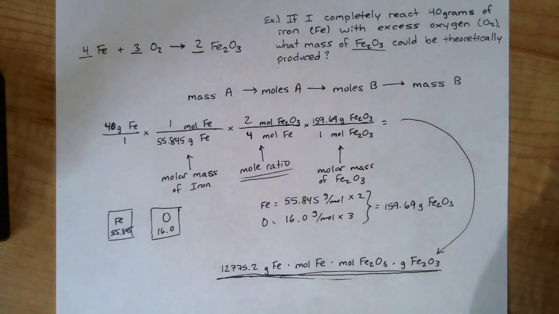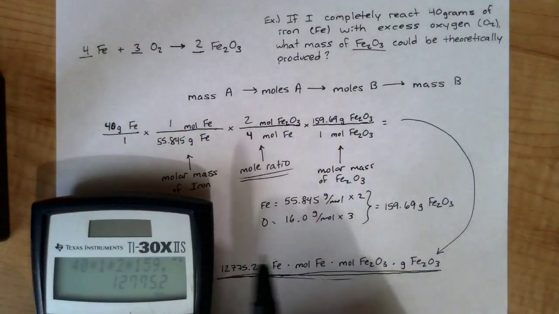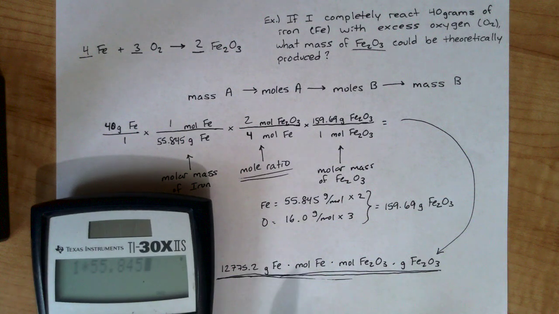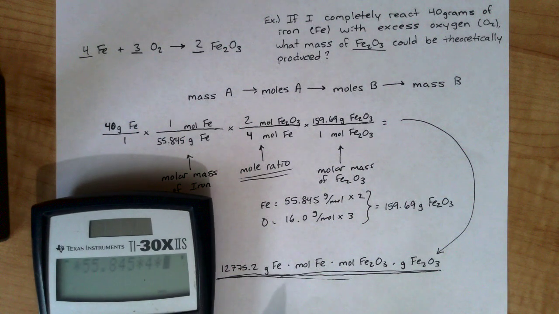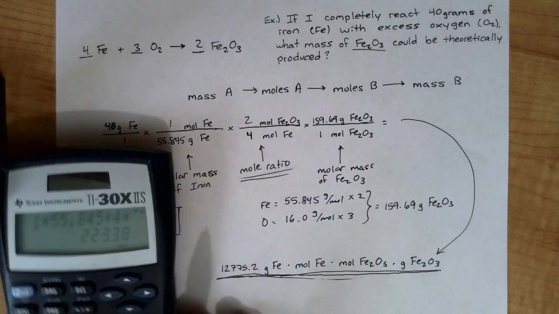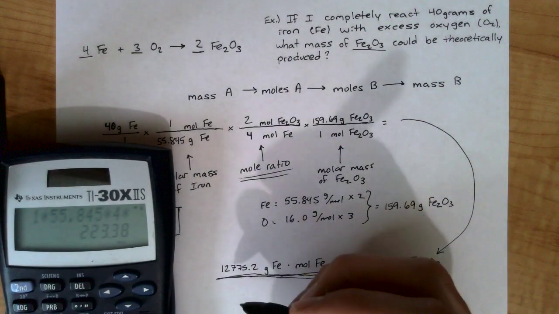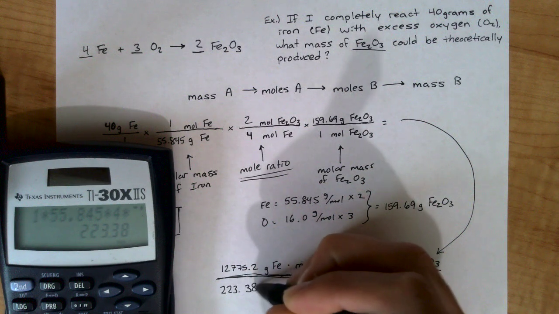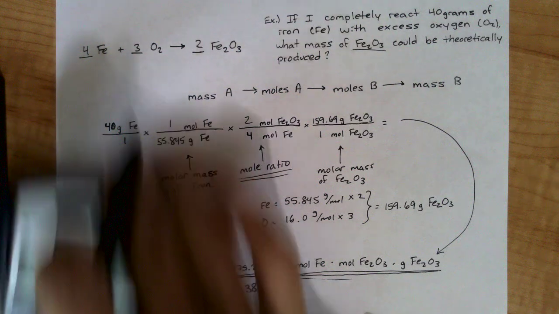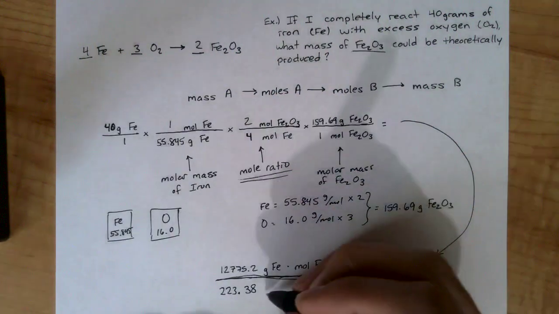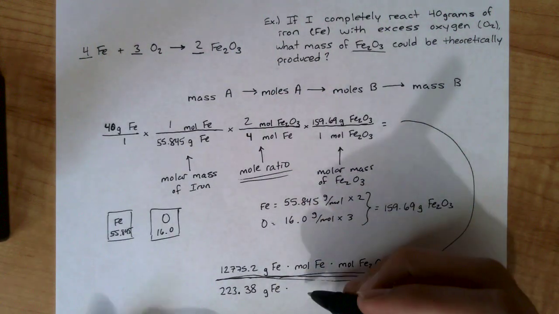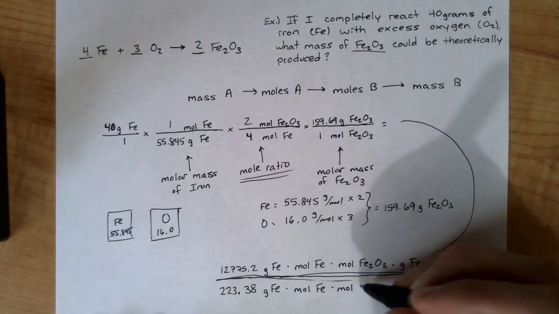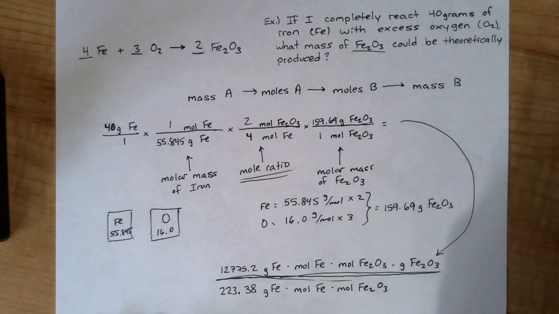Now in the denominator, same thing. We have 1 times 55.845 times 4 times 1. Bang. All right, a much smaller number, but here we go. 223.38. And again, the units come with. We have grams of iron times moles of iron times moles of iron 3 oxide.